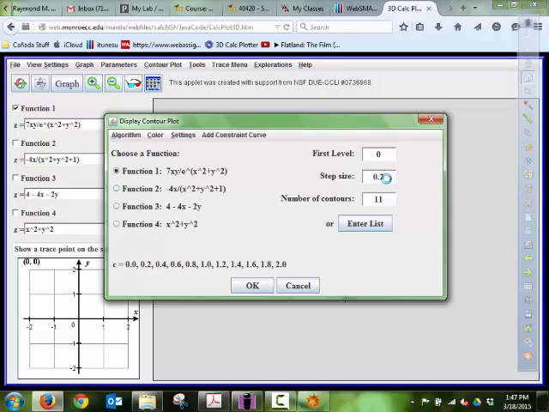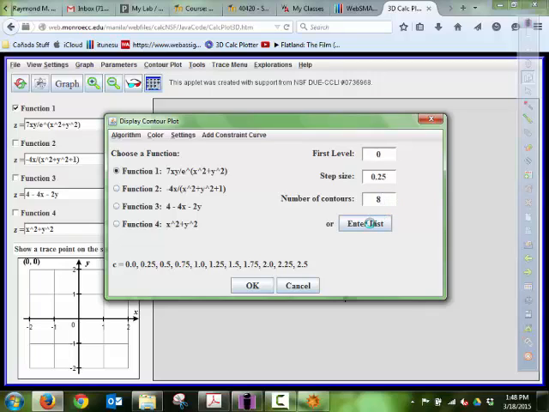1.75. 0.25 steps? So if I do 0.25, how many contours do I want? 4 would just be 1. 8 would be 2. Let's go 8.